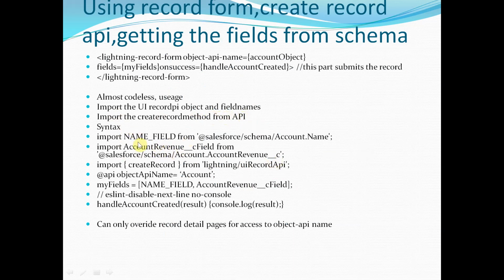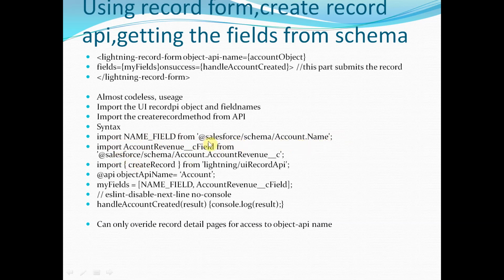You will say import, define a variable name from the schema, account dot that field name. So this should be exactly object dot field name, and this is the URL for the schema API. Using the schema API you can access the object fields. So you have to import those fields first.